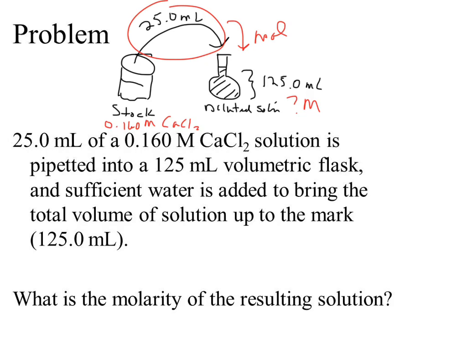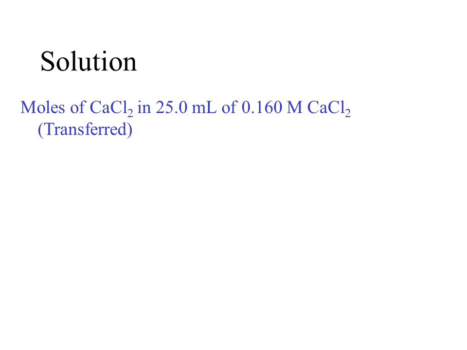So you have volume and molarity, you can get to moles. I usually separate it out like that. And then my second part is that I'm going to take those moles and divide by the new volume, which is 125.0 milliliters. So if you don't mind, we'll approach it that way.